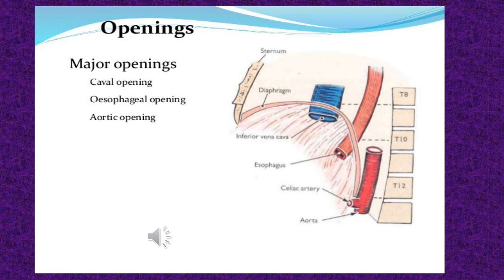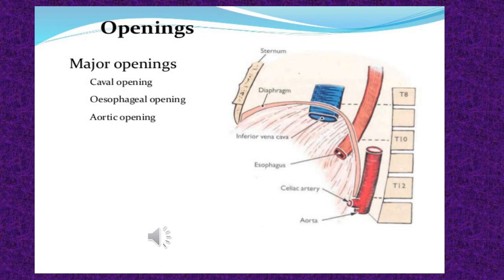The esophageal opening lies in the muscular part of the diaphragm at the level of the 10th thoracic vertebra. It transmits the esophagus, the gastric or vagus nerve, and esophageal branches of the left gastric artery with some esophageal veins that accompany the arteries.